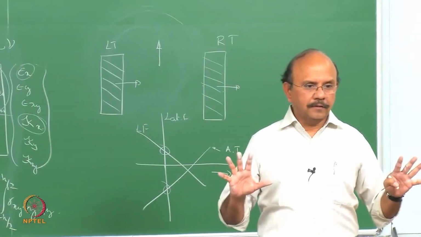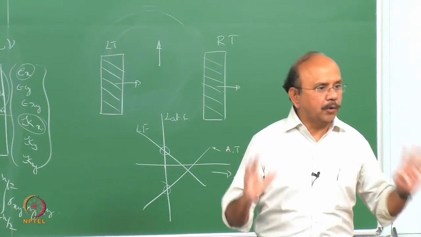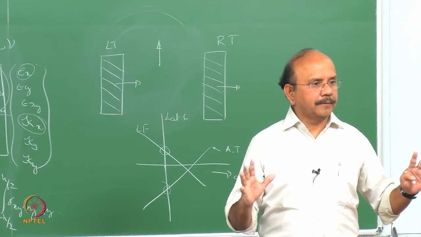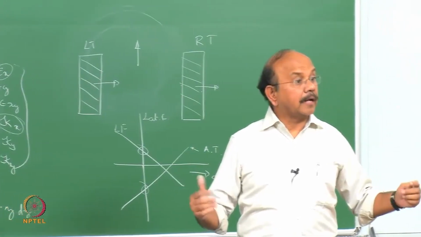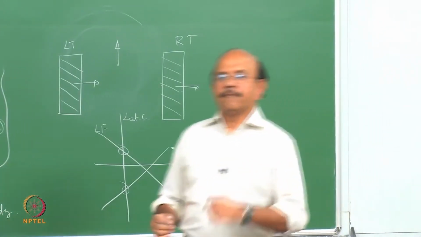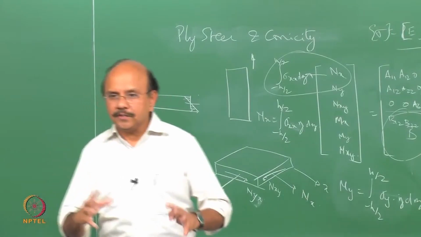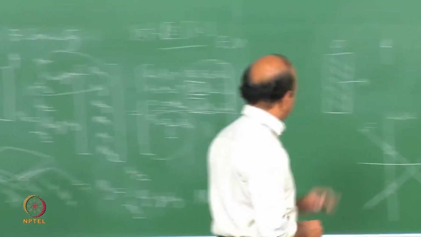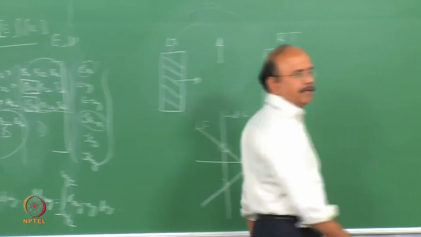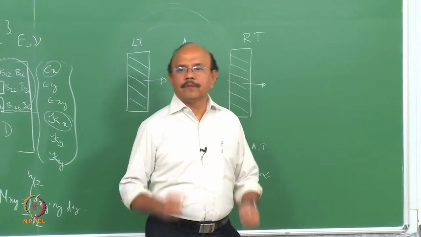Is this clear? So when it's free rolling, on a ground, nothing to do with the ground, you will get a lateral force. Now, there is also what is called conicity. What is conicity? The name indicates that.